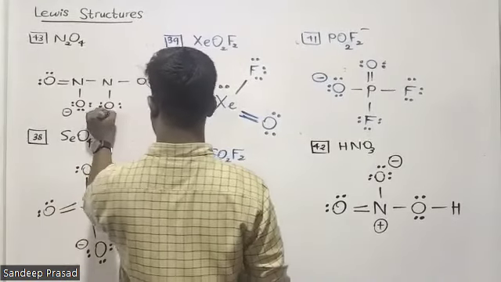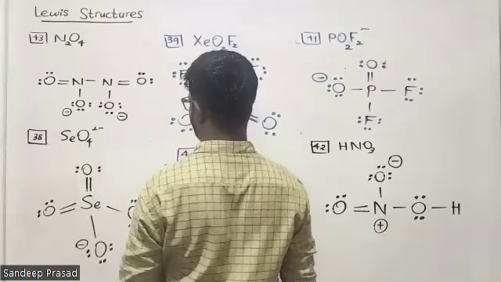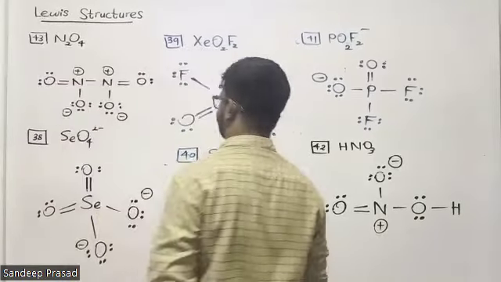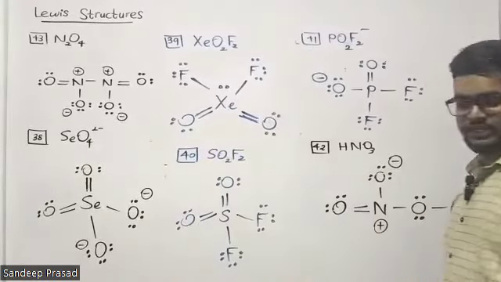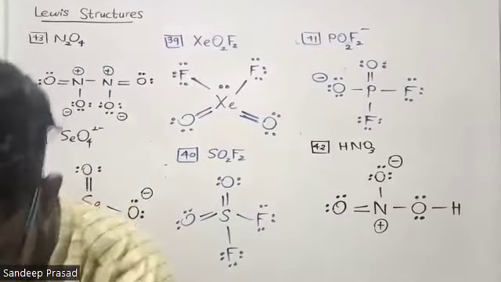Here also oxygen is negatively charged due to the single bond. Here we can make the nitrogen-oxygen double bond. Nitrogen is positively charged here. So this is actually N2O4. This is considered the N2O4 molecule.